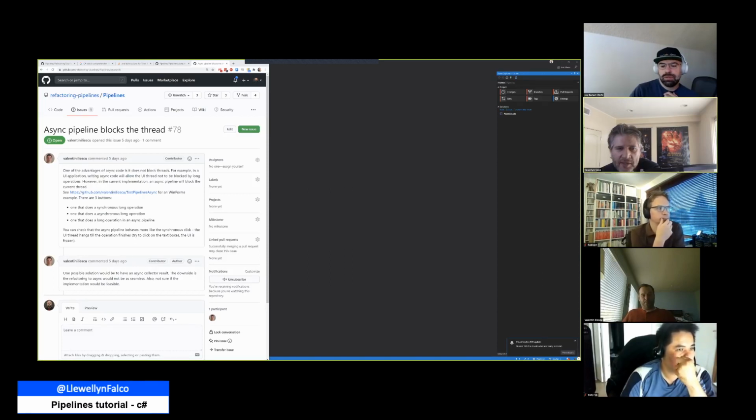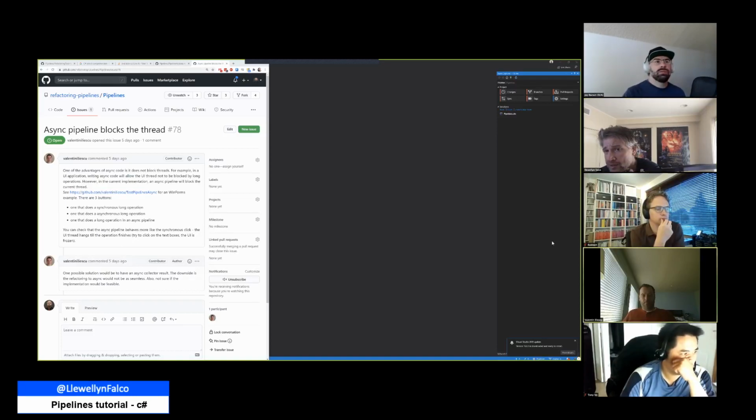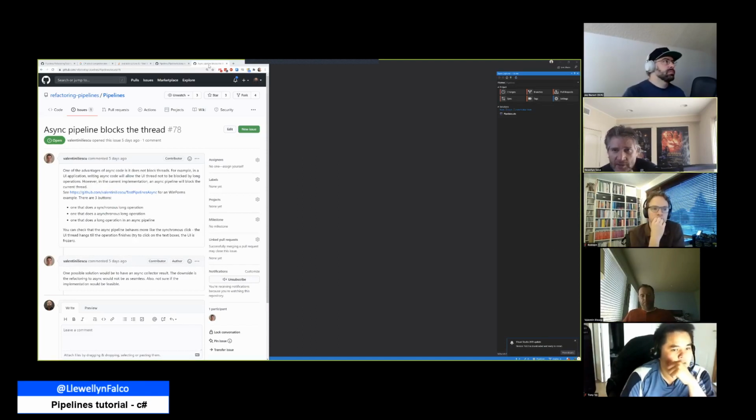So what he's saying is, even though everything on there is running on separate threads, the thread that calls it is still waiting, is still blocked. Yes. And so it's parallelizing the process, but it's not divorcing the process from its parent process. That is a very valid point.